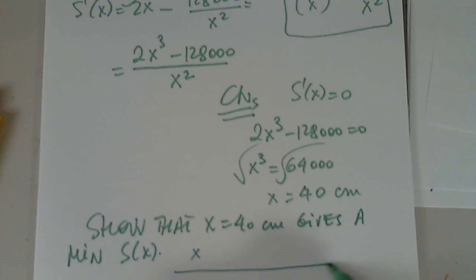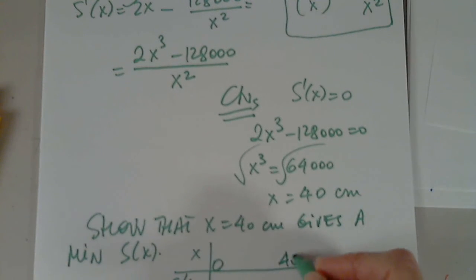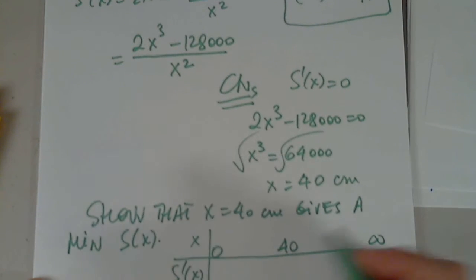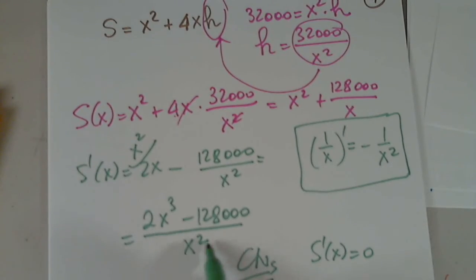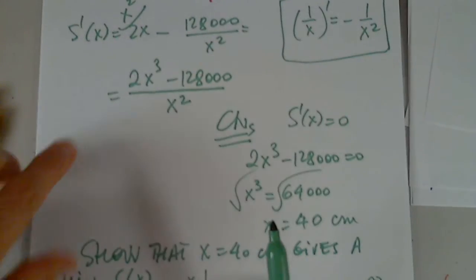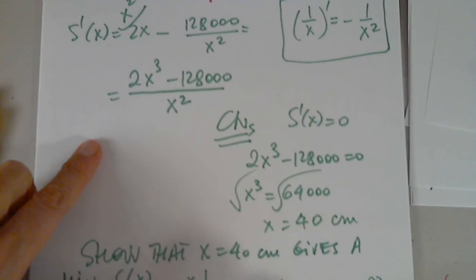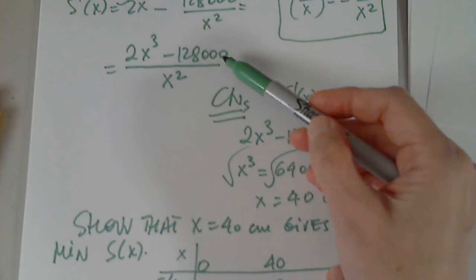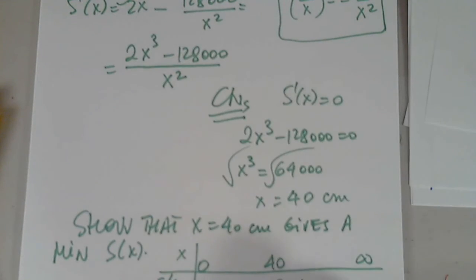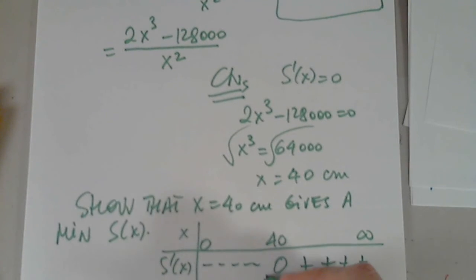And I will definitely show it. S prime on the intervals 0 to 40 and 40 to infinity: if I plug in a number between 0 and 40, I get negative. And if I plug in 100 in this function, it will be positive. So I showed you that this gives a minimum.